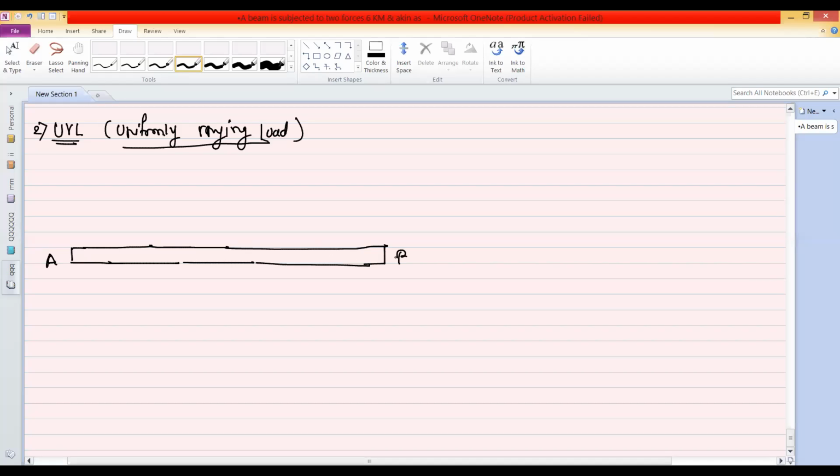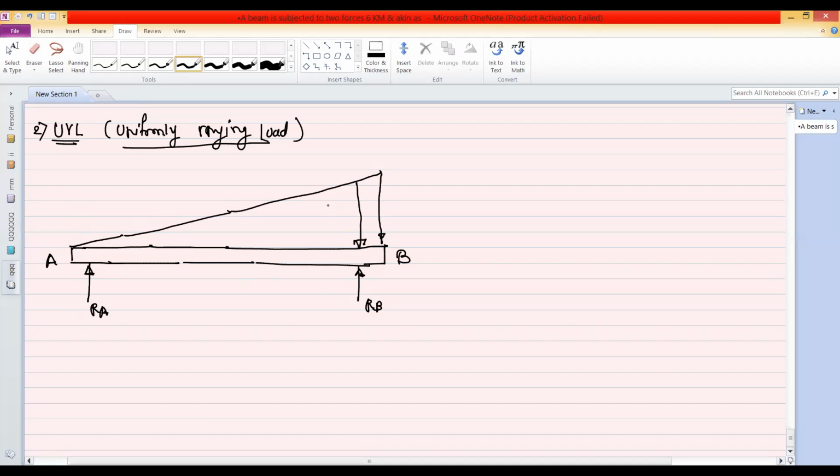So suppose this is the beam AB and this is the support reaction. Suppose this reaction is RA and this is RB. And there is a UVL. So this is the representation of the UVL.